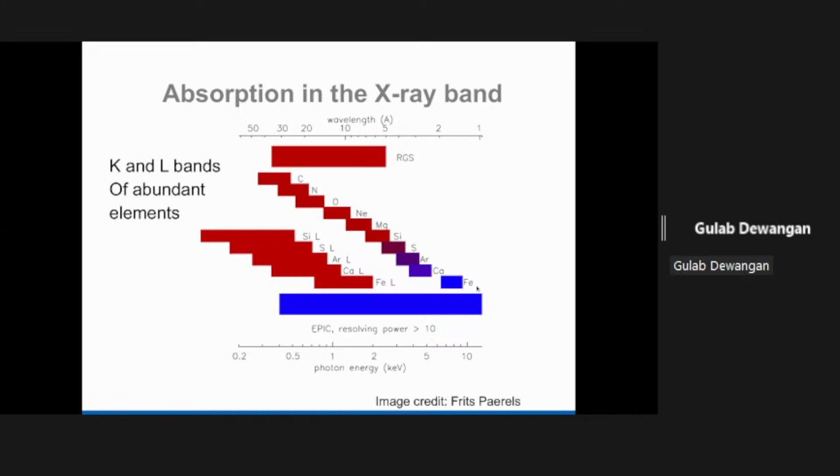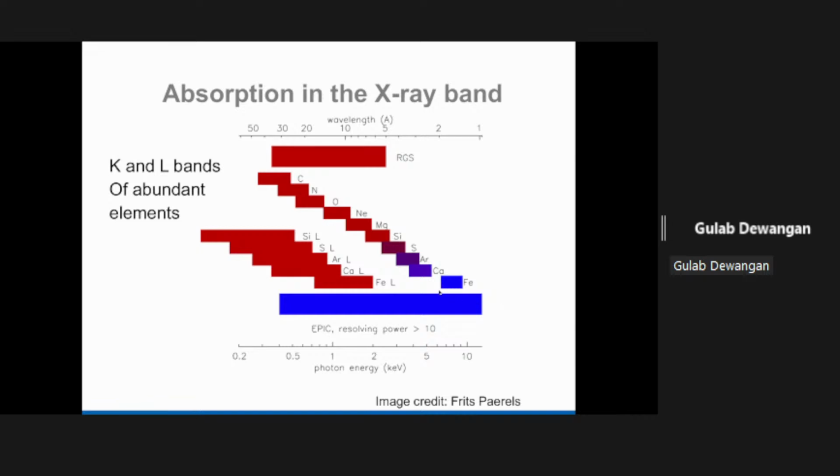To ionize a neutral iron, it takes about 7.1 keV. But if you ionize hydrogen-like iron, that means an iron ion with one electron, and you want to remove the last electron, that takes about 9.1 keV. This last electron will of course be a K-shell electron. So to remove that last K-shell electron from hydrogen-like iron, it takes about 9.1 keV.